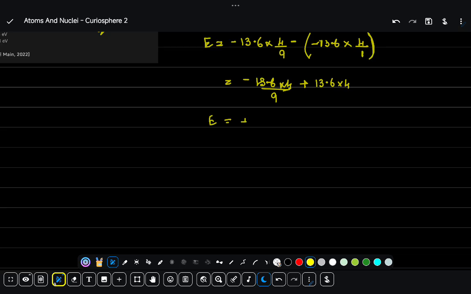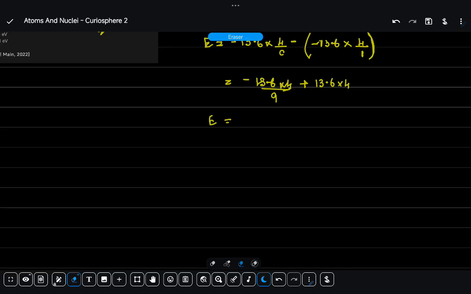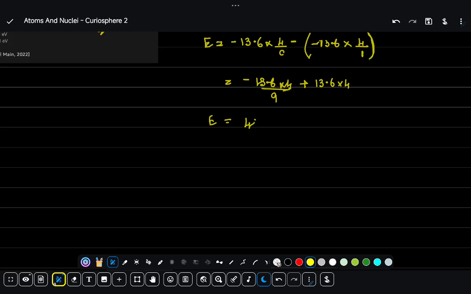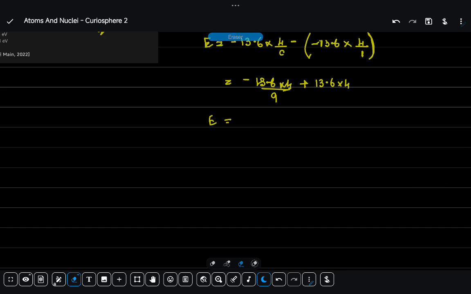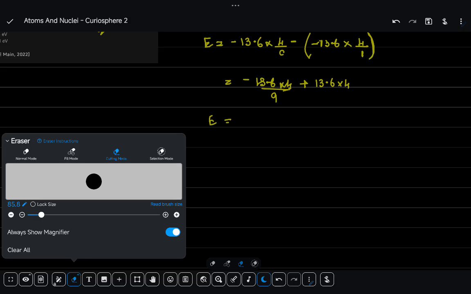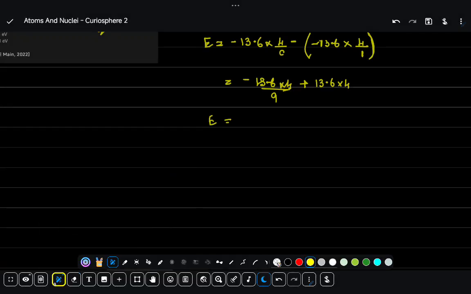It becomes plus 48.3. Okay, 48.3. Sorry, with this pen. Okay, please adjust it, 48.3.